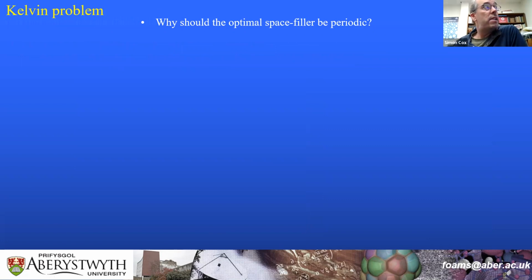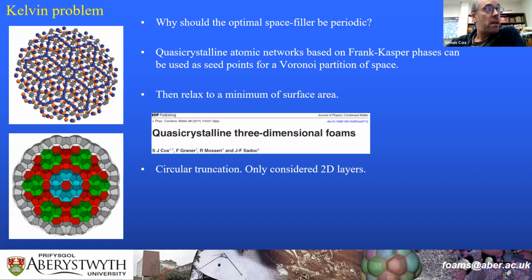To my mind, there's no reason why the best solution to the Kelvin problem should be periodic. And given that having a lot of 5-sided faces seems to be advantageous in reducing the surface area, I was privileged to work with Remy Mosseri, Jean-François Sadoc, and François Grenaire, whose name is going to reappear several times during this talk, to try some candidate quasi-crystal structures.